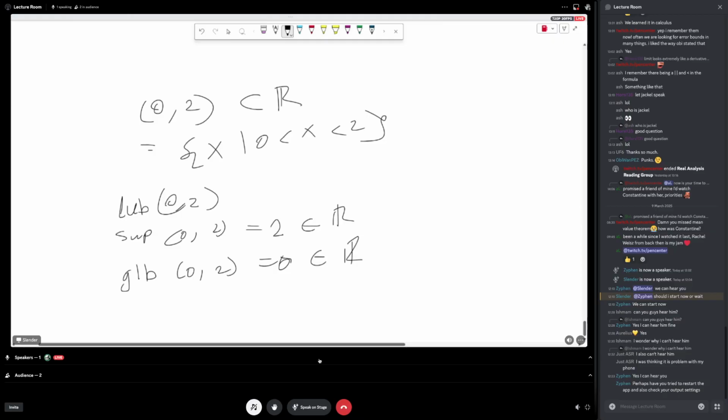Not all sets actually have the least upper bound property.